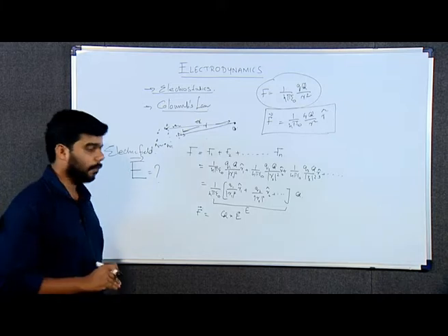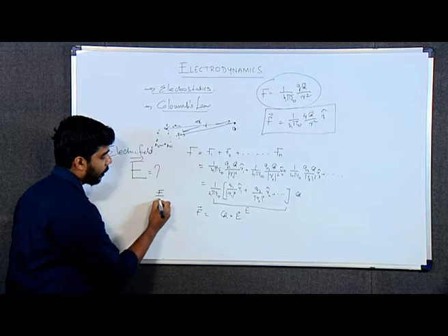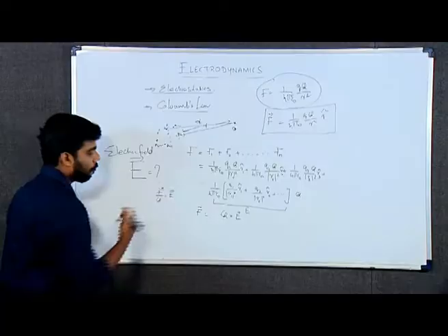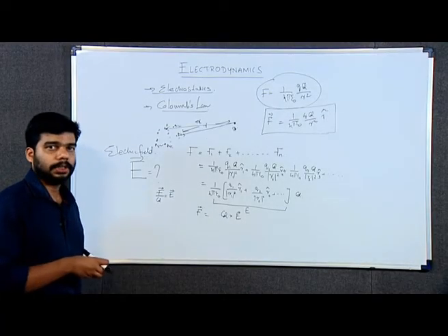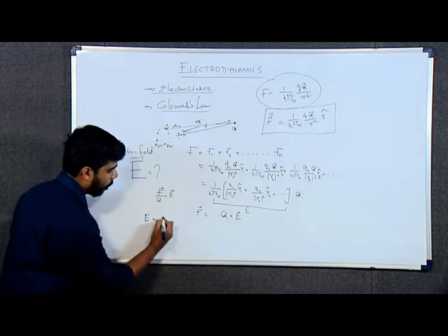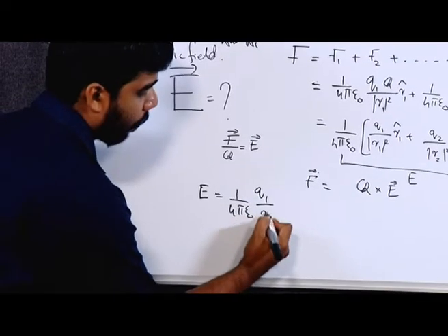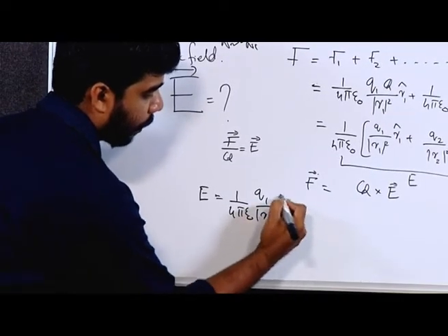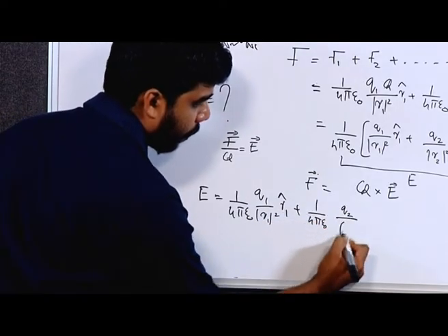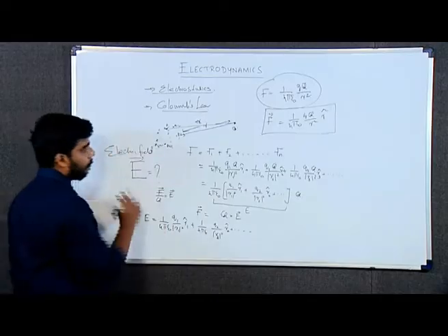So what is the electric field? It is the force acting per unit charge on a test charge, which is equal to the force acting on a test charge divided by the charge. E has the expression 1 by 4 pi epsilon 0 q1 by modulus of r1 square into r1 cap plus 1 by 4 pi epsilon 0 q2 by modulus of r2 square into r2 cap, etc., if there are a bunch of charges.